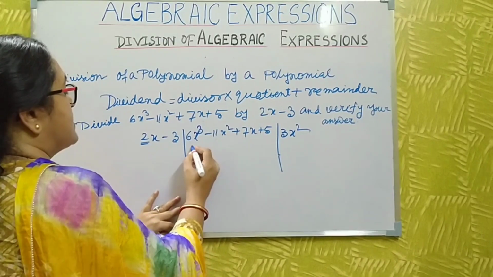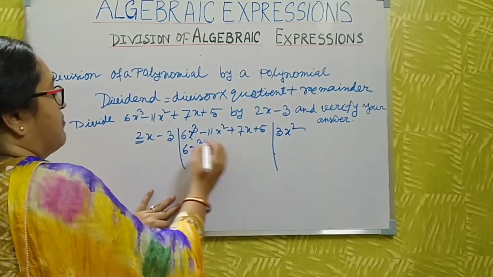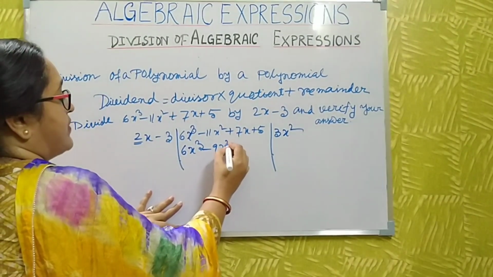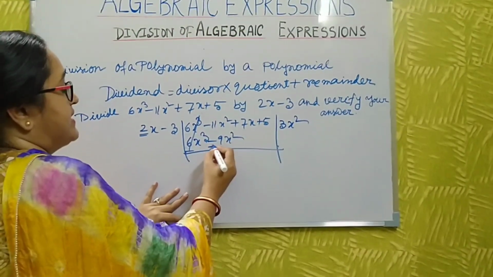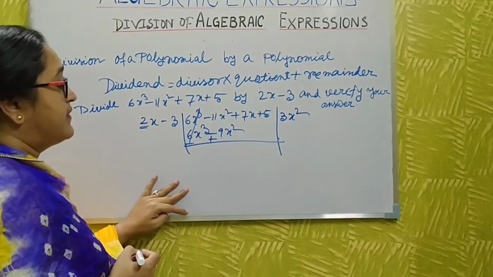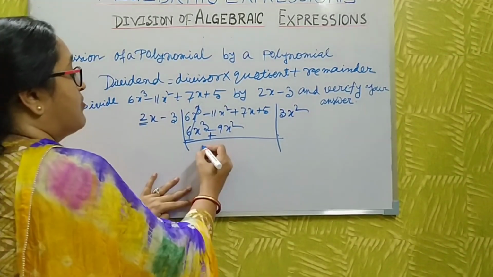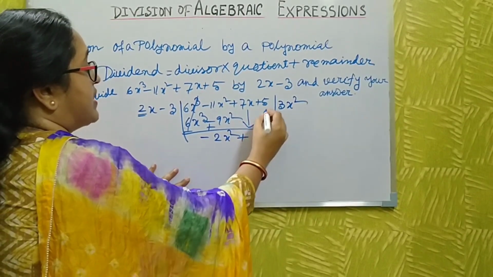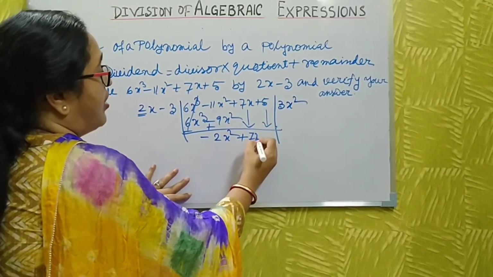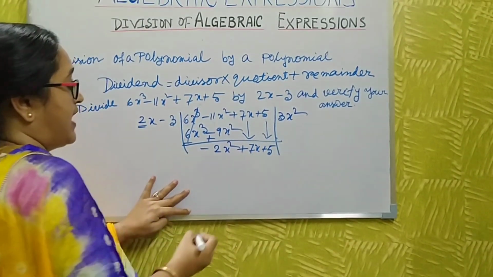Now 3 2s are 6x³, minus 3 is 9x². Then you do the subtraction, cut this and change the sign also. Then 11 minus 9, minus 2x². Then this comes down, and this also comes down. Then this is plus 5.